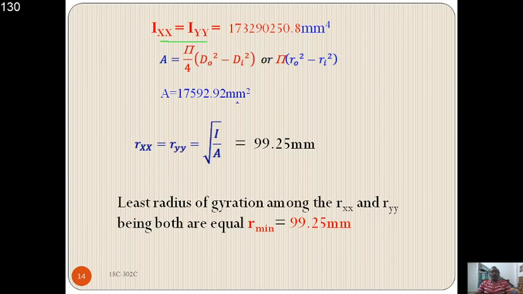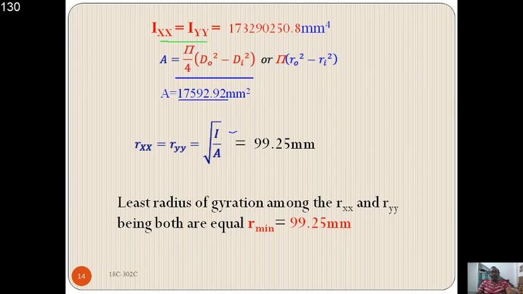Substitute the I value, and the area of the hollow circular section is pi by 4 times d naught square minus di square. So substitute the values of the outer dia and inner dia in the formula to get the area. The area of the hollow circular section is 17592.92 mm square.